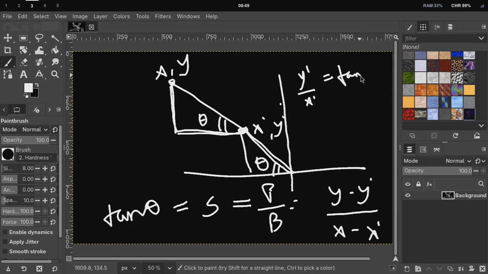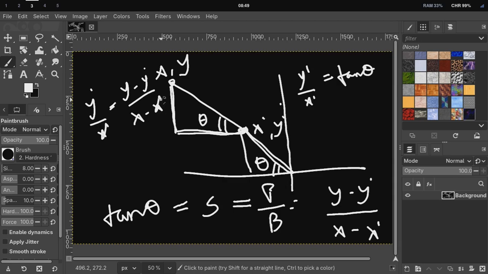So we got two equations and two variables, so we could solve for x prime and y prime from here.